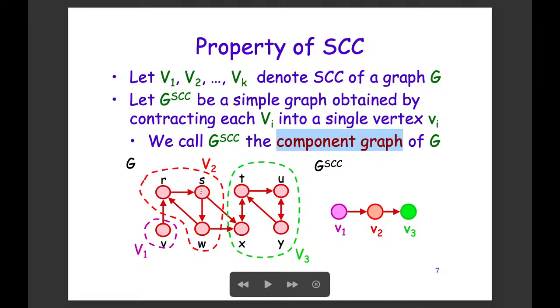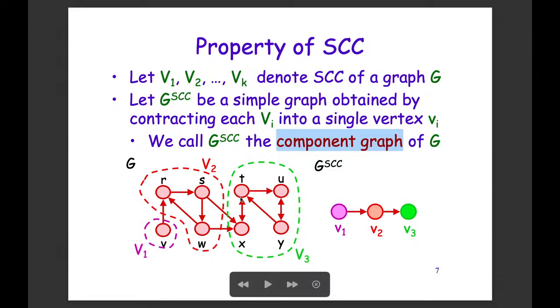So the finishing time of this vertex must be larger than that of any of the vertices here, implying that any vertex here cannot have the largest finishing time. This is the first case: if the first vertex discovered appears in red rather than in green, then the red one will have a larger finishing time.